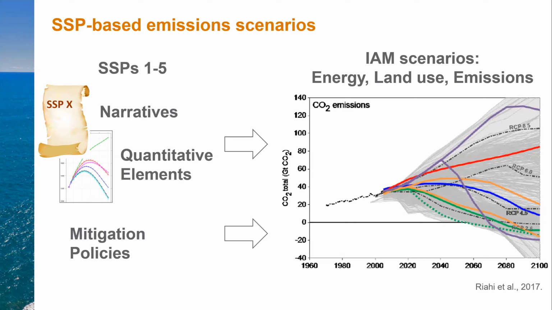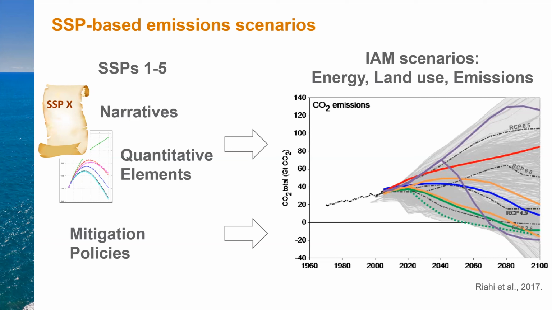And so these narratives and the quantitative elements and potentially some assumptions about what kind of emissions reduction policies are taking place in the future, these all go into the models and what comes out of the integrated assessment models is these quantifications of emissions and land use change. And this figure I'm showing here is for CO2 emissions.